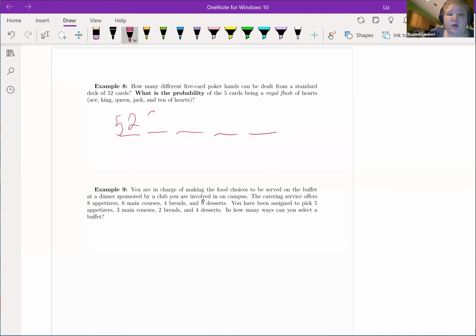Now there's only 51 left, and then only 50 left, then 49, then 48. Order does not matter, so we're going to divide by the ways I can arrange 5 things. So we're going to divide by 5 factorial, which is 5 times 4 times 3 times 2 times 1, which is 120.